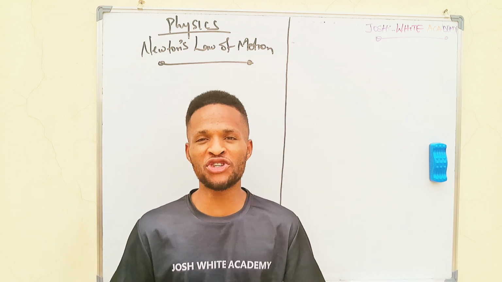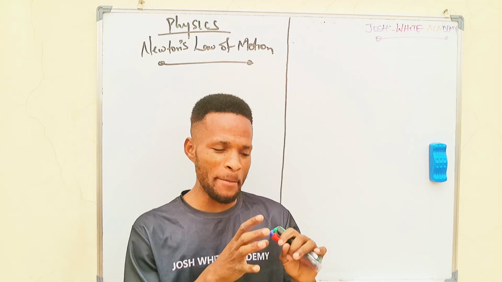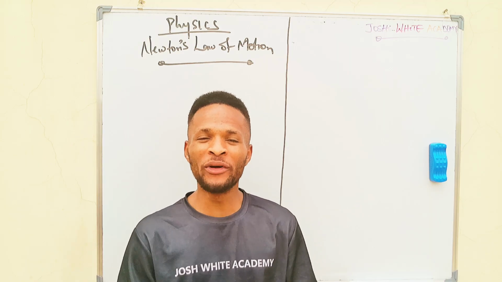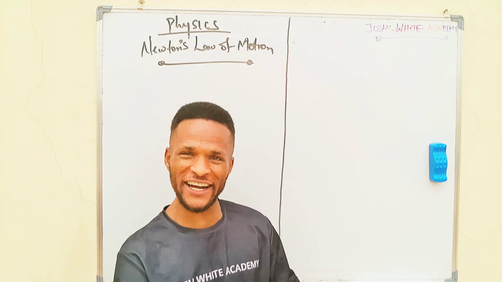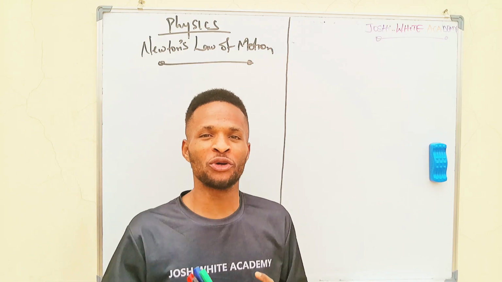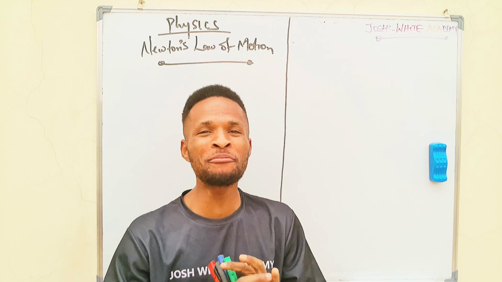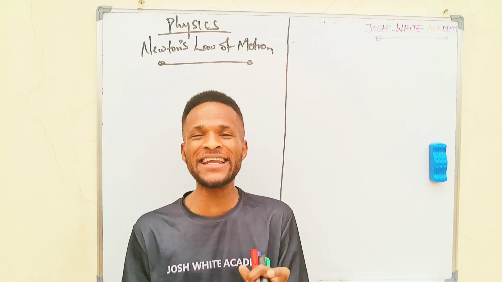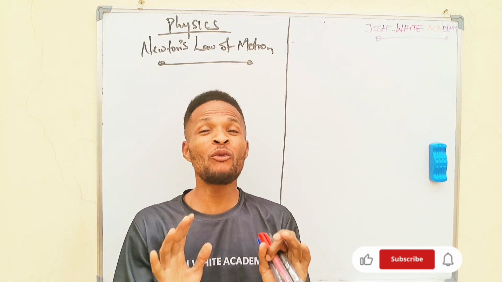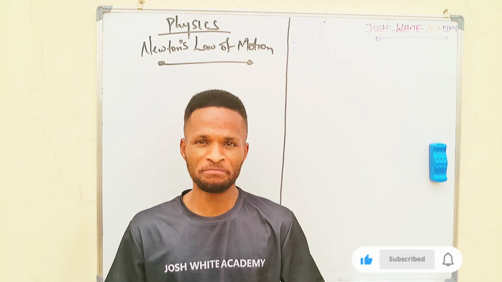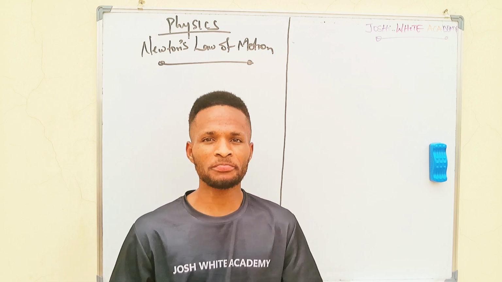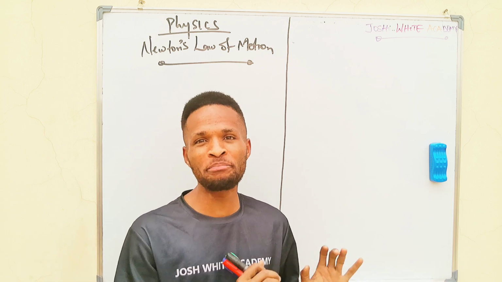Newton's first law of motion states that a body, if at rest, will remain in the state of rest, or if it is in motion, will continue in uniform motion unless being encountered or influenced by an external force. What this simply means is that a body that is at rest will remain in that same position.